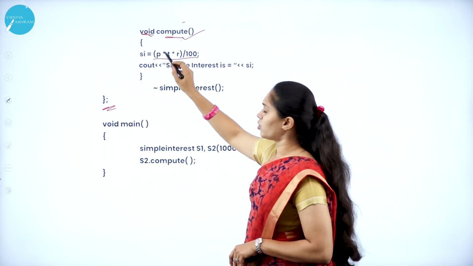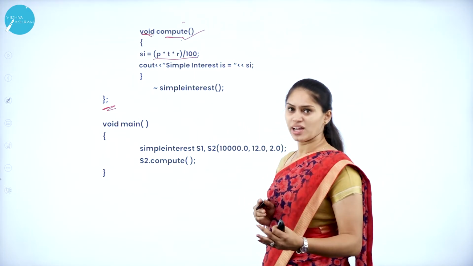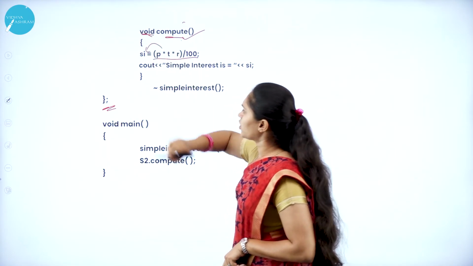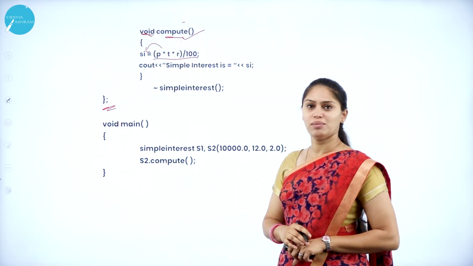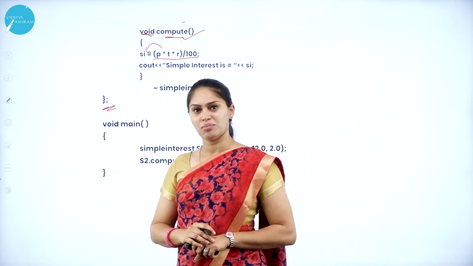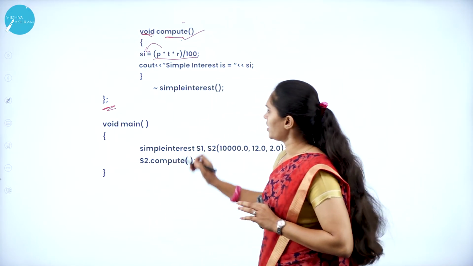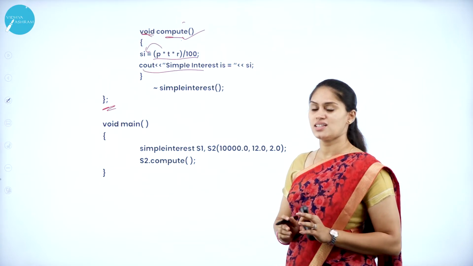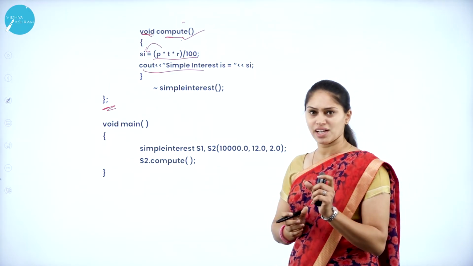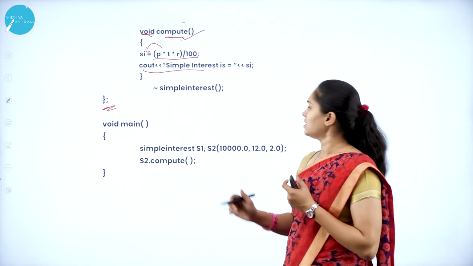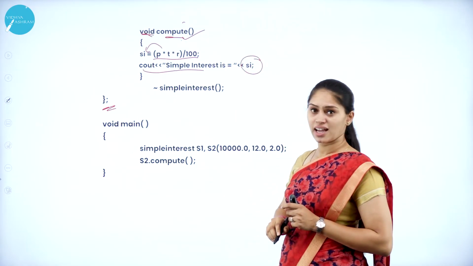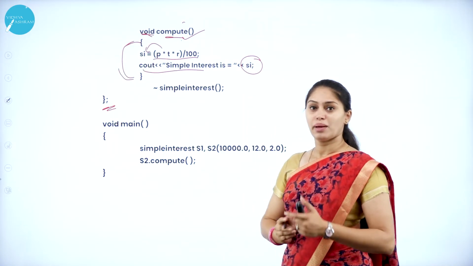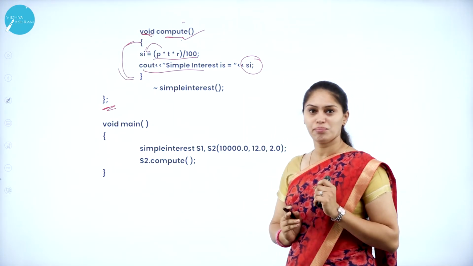Whatever computation value you get will be stored in the variable called si. I am going to display the content: cout simple interest is, where the actual value of the simple interest has been stored in the variable si. After this, I am going to end the scope of this member function, that is compute.